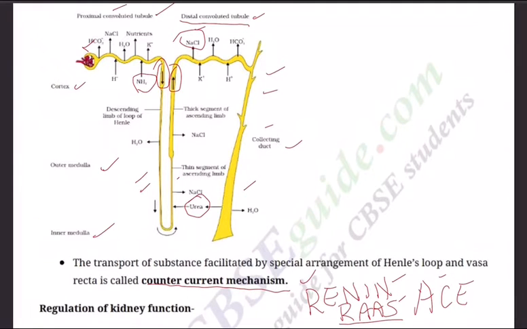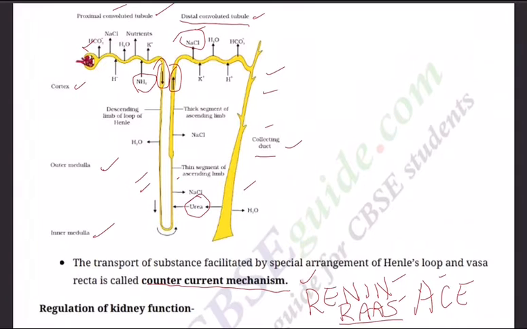It helps to maintain a concentration gradient in the medullary interstitial fluid, which helps in easy absorption of water from the filtrate present in the CD, that is collecting duct, so that the concentration of the urine is increased.